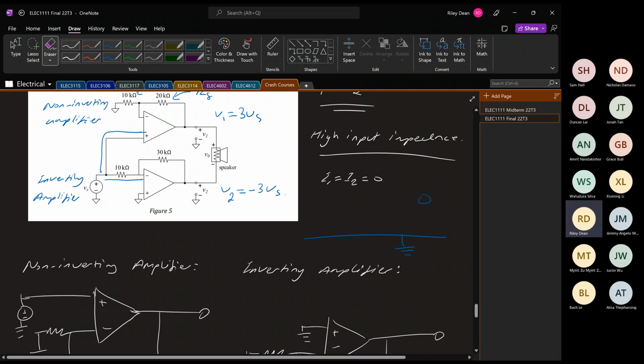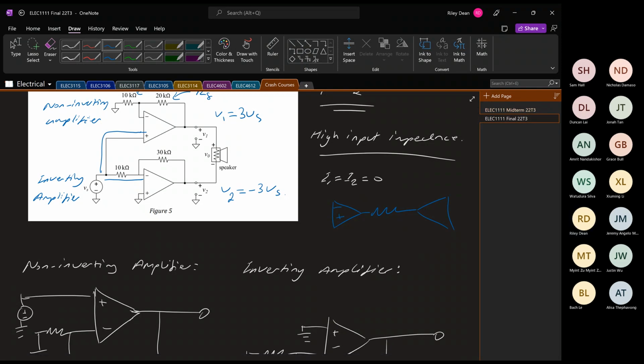So in fact, this is actually a worthwhile way to think about it, because this is exactly how they're implemented in real life. We would have had something like this.